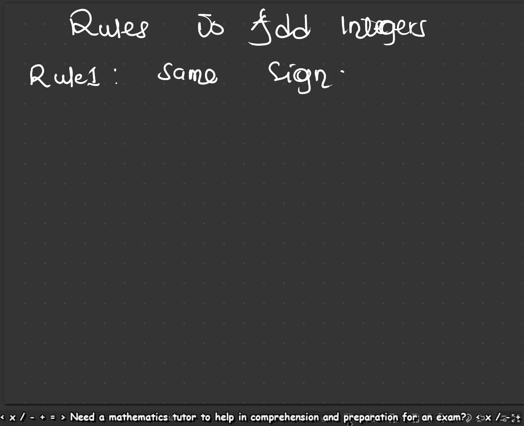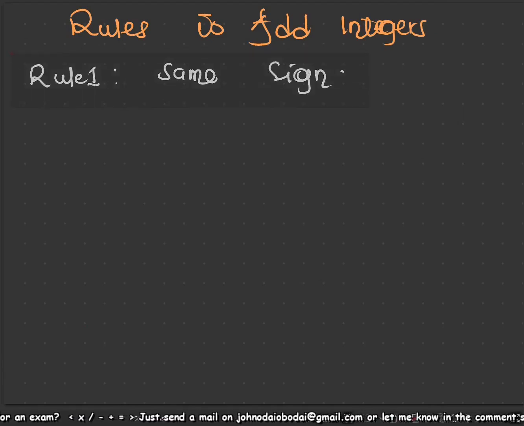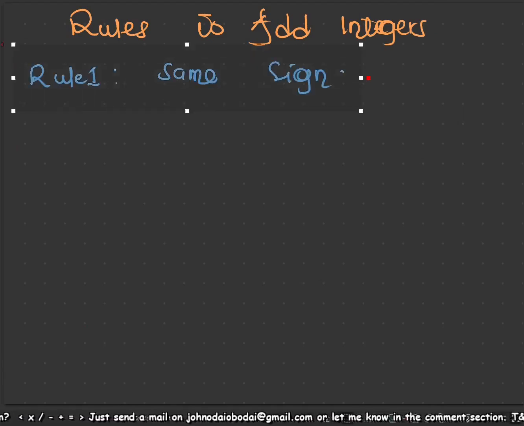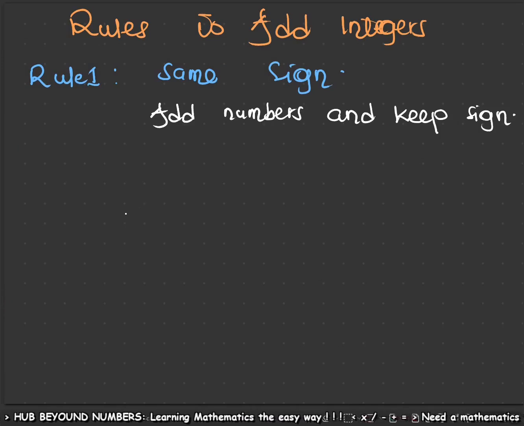So looking at the rules to add integers, that is without the use of the number line, we'll start with the first rule that has to do with when the signs are the same. Whenever you are adding integers and the signs are the same, all you want to do is add the numbers and keep the sign. What do we mean by that?